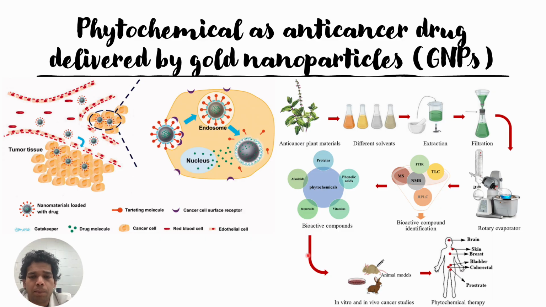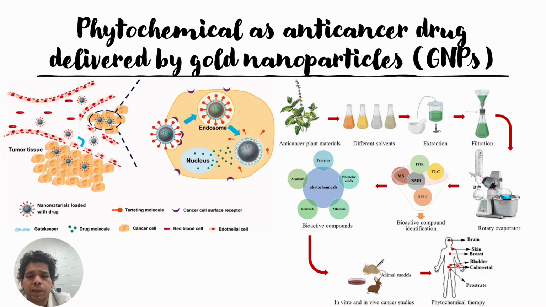Thereafter, these bioactive compounds can be used in in vitro and in vivo studies to find out their specificity and, at the same time, their efficacies against tumors at different organs.